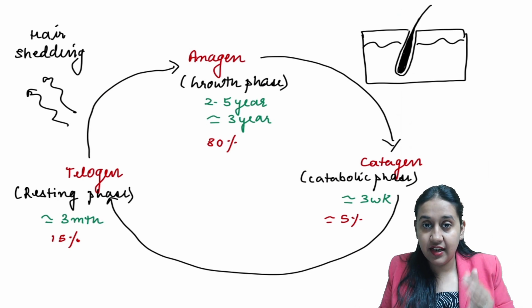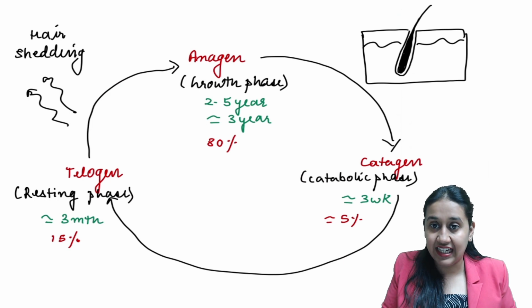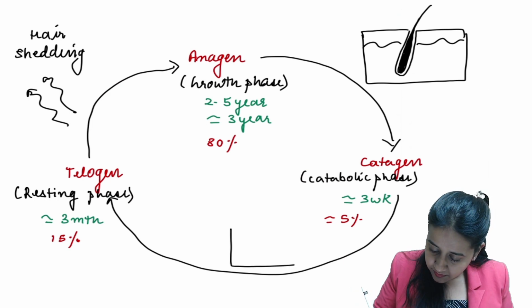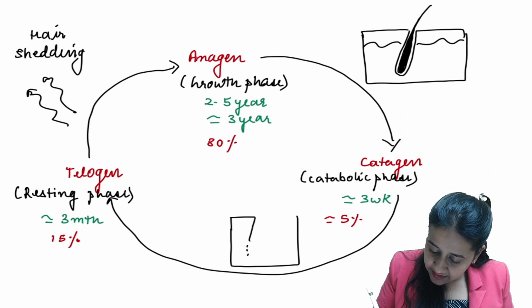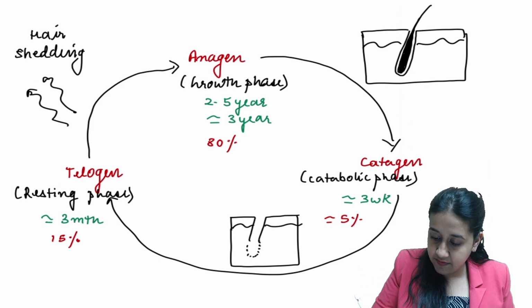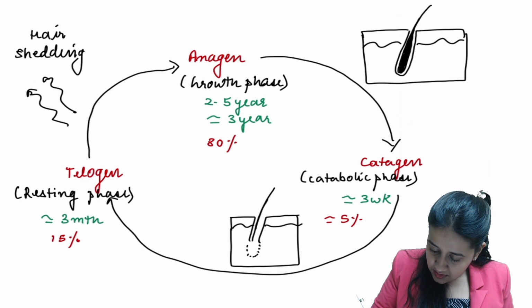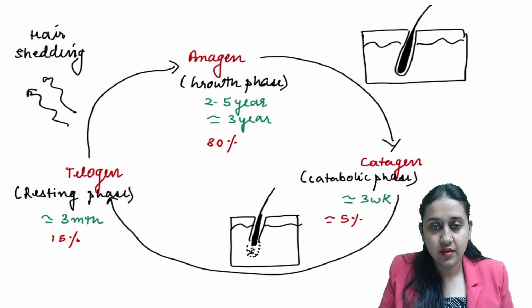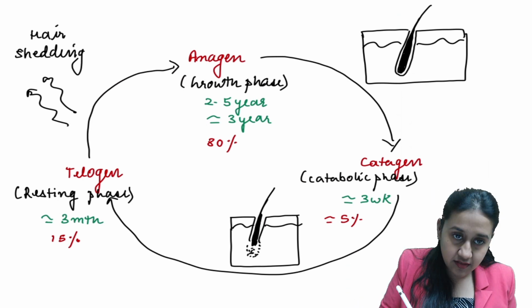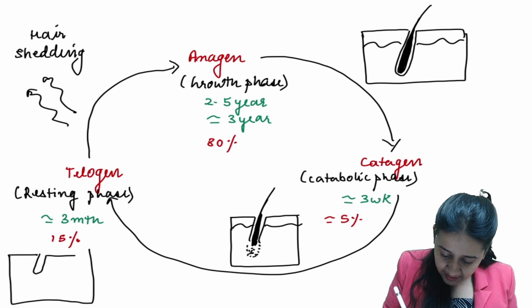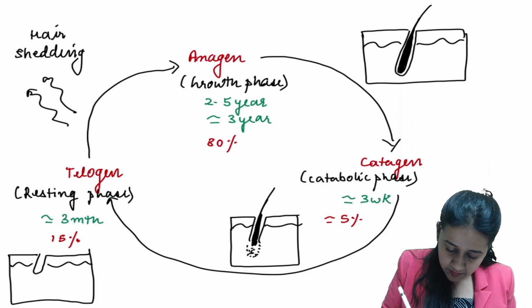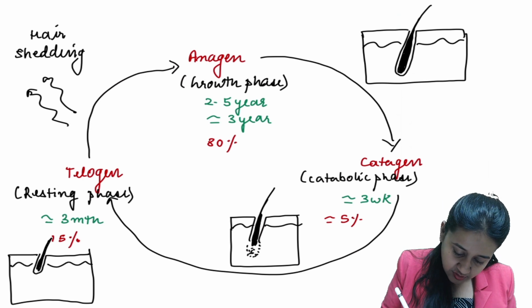Once the anagen is complete, the hair enters into the second phase, which is known as the catagen phase. In catagen phase, you will observe that there are some changes which have already started to occur at the lower part of the hair, and this can be seen by blurring at the lower end. Once the catagen is done, we will see that the hair becomes very small, but it is still attached to the hair follicle.